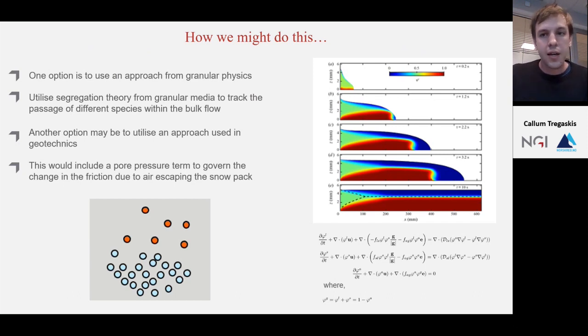So if we take the air within a snowpack and treat that as a grain that's segregating up through the flow, then we might be able to capture some of these properties of fluidisation. Another option may be to utilize an approach used in geotechnics, and that's to look at the pore pressure, with an excess pore pressure term, which then governs the escape of air up through the snowpack.